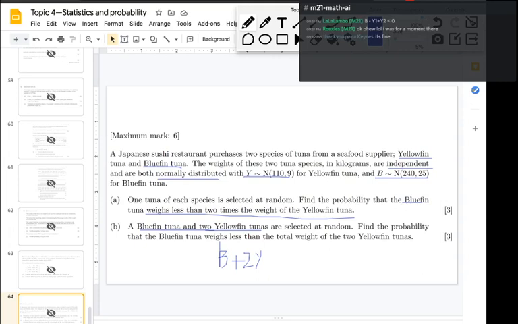So for question B, it's just like last time. x would be equal to b minus y. So the expected value would be exactly the same. However, for this one, the variance would be lesser. So, b minus y, you would get 43.